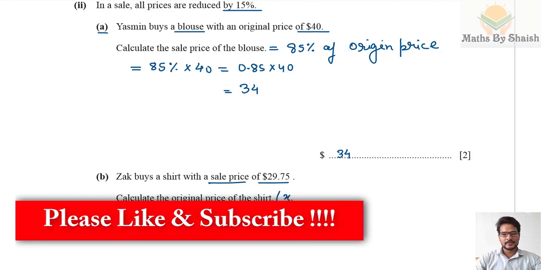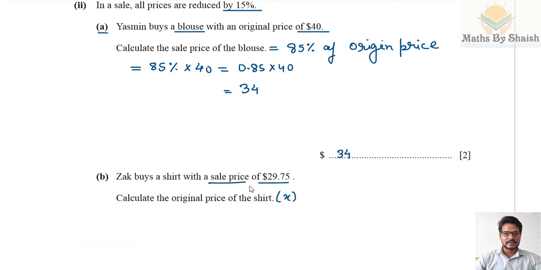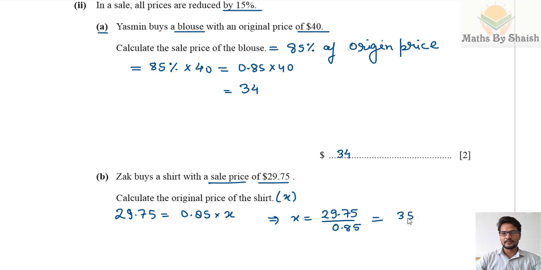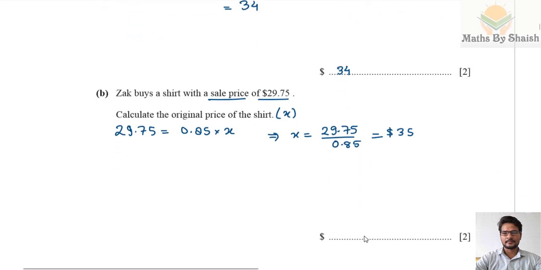Let's say the original price be X. Since there is a reduction of 15%, the sale price, that is 29.75, is 85% of the original price, that is 0.85 of X. Hence from here we get X as 29.75 over 0.85, and this is $35. So the original price of the shirt is $35.